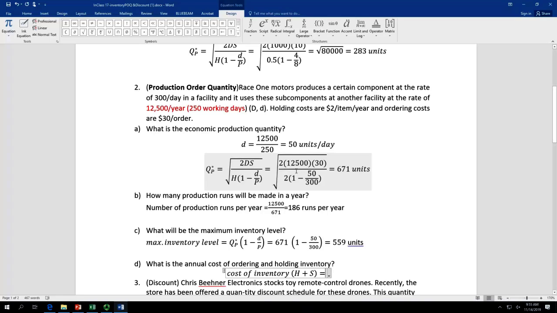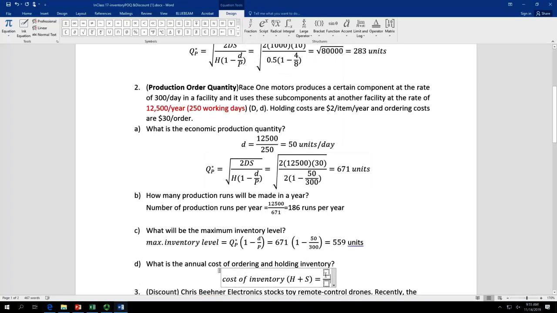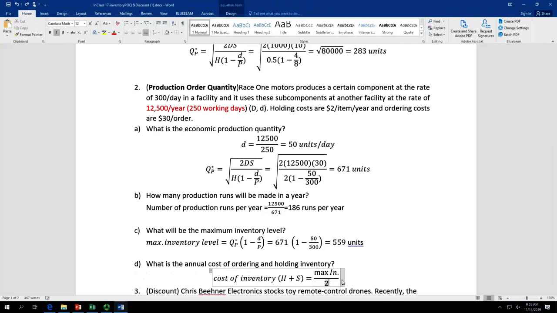So the total cost equals your average inventory level, which equals the maximum inventory level divided by 2, times the holding cost, plus how many runs. Let's see.